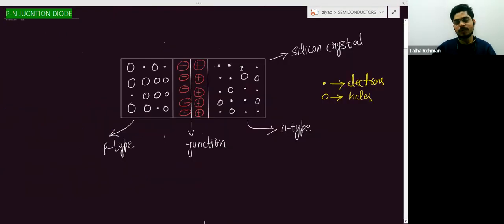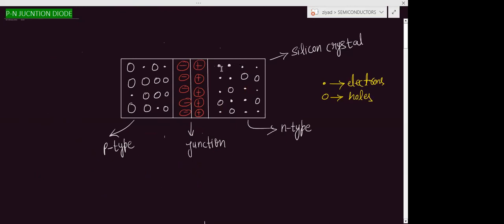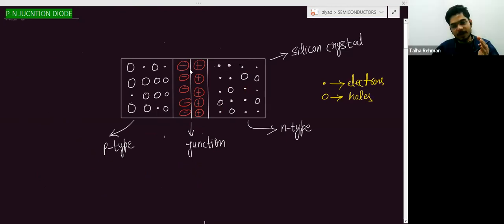So here are the electrons. When the electron crosses this junction, we say the electron is diffused. When the hole crosses the junction, we say the hole is diffused. Diffusing means crossing the junction.